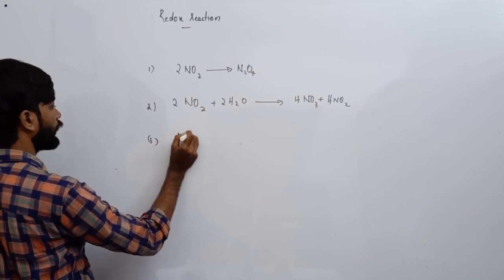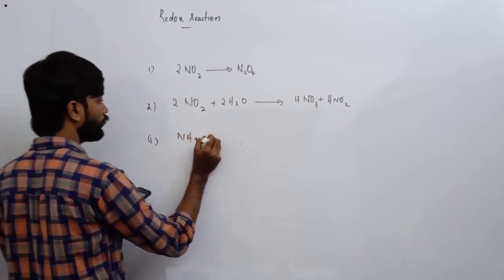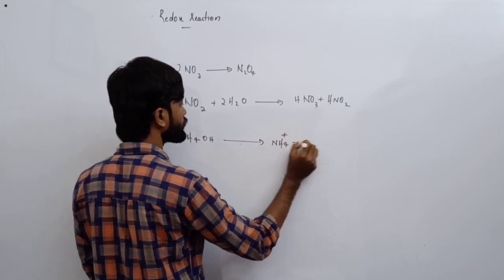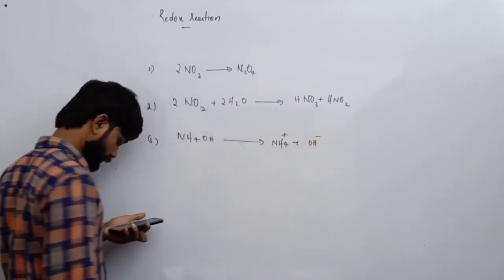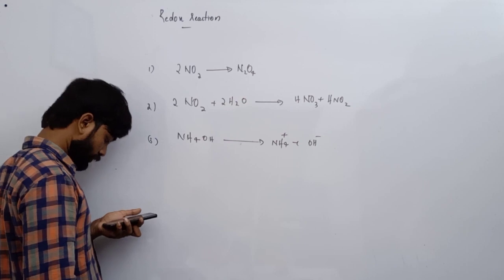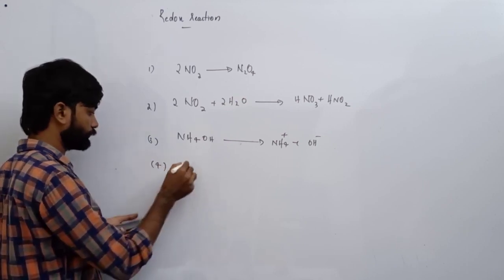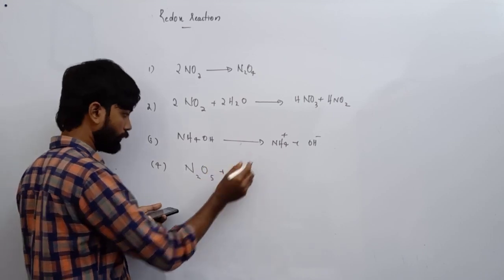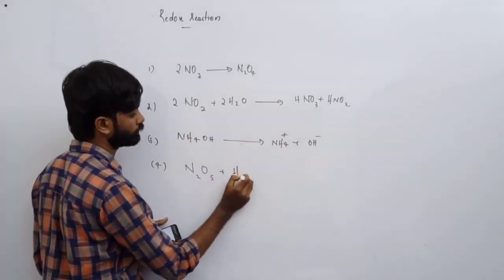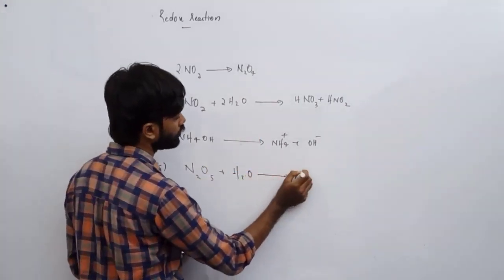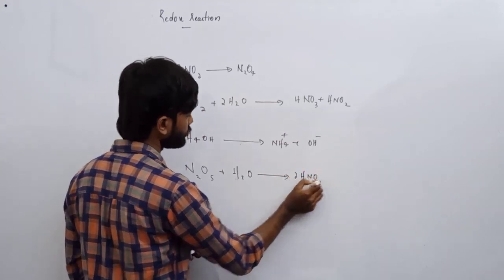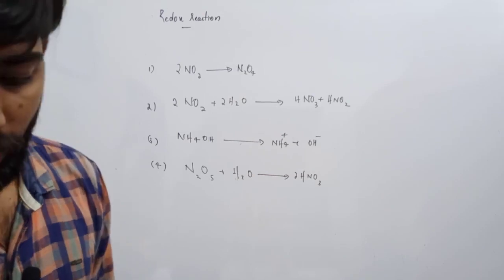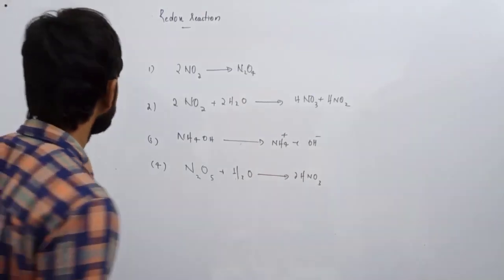Choice 3, NH4OH on decomposition forms NH4+ + OH-. Choice 4, N2O5 + H2O gives 2HNO3. Our question is, in which of the following is the oxidation state of nitrogen changed?